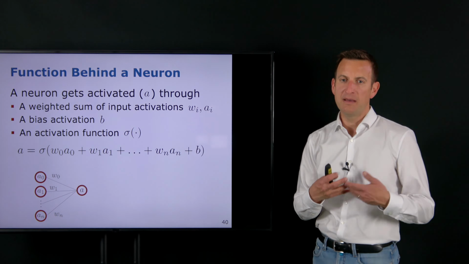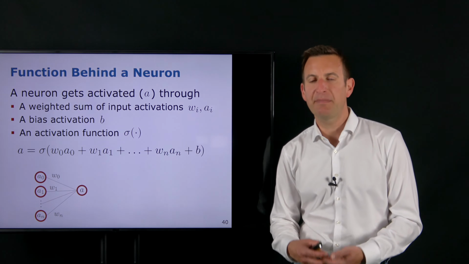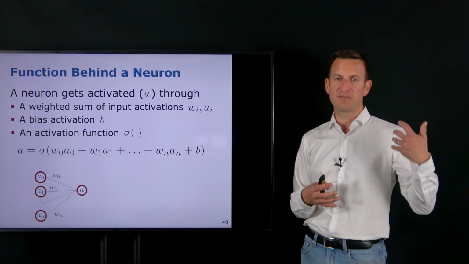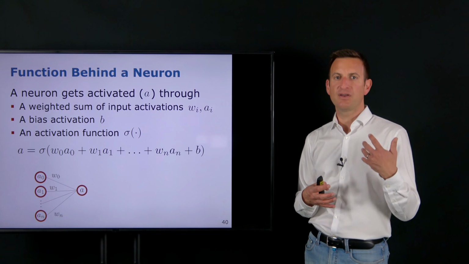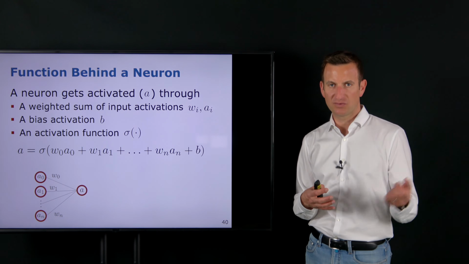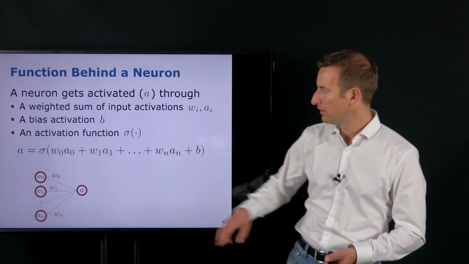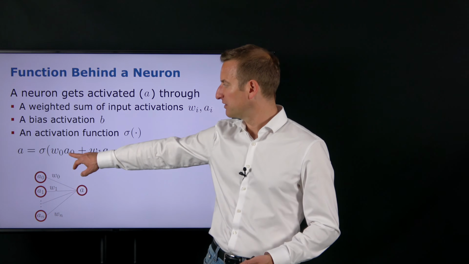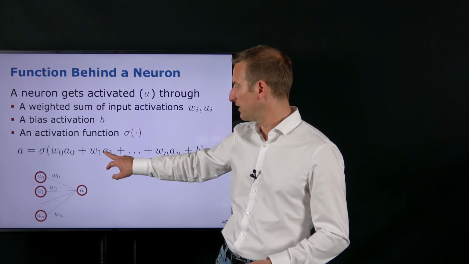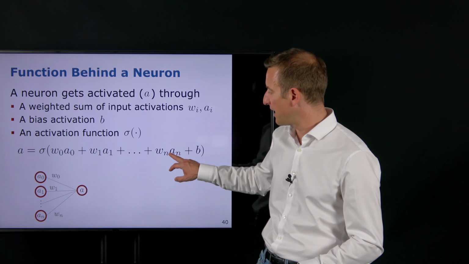It does so by simply summing up the individual activations from the previous layer multiplied with the weights of the edges. So basically, it's a weighted sum of the input activations: weight 0 times activation 0, weight 1 times activation 1, and so on until weight n times activation n.